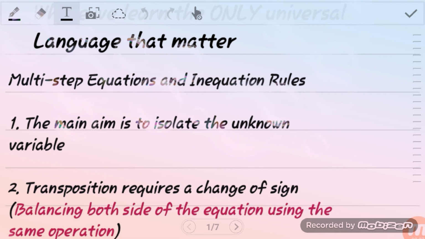As it relates to equations, guys, one of the main aims you have to keep focus on once you're solving an equation, whether it may look a little bit complicated or it may just be a very simple equation, is that the aim is to isolate the unknown variable. The aim is to get that variable by itself using a mathematical process. We're going to be going through all those processes for you.